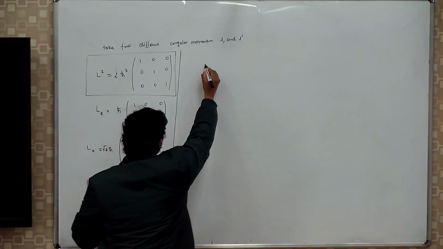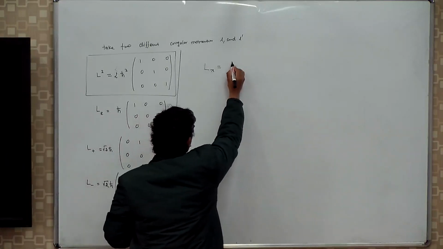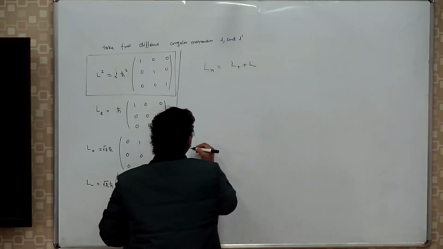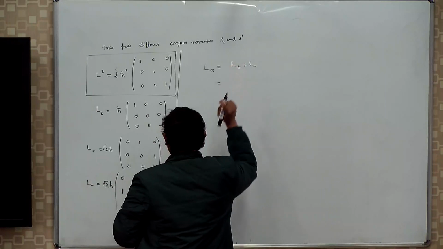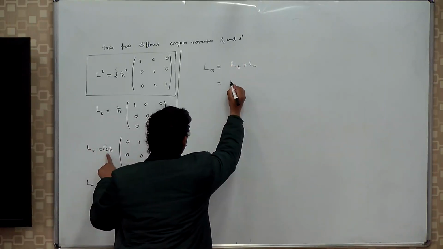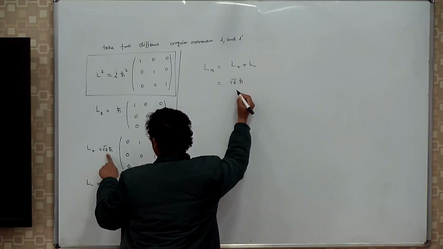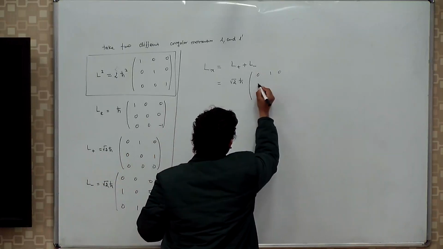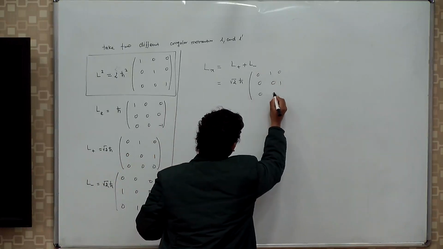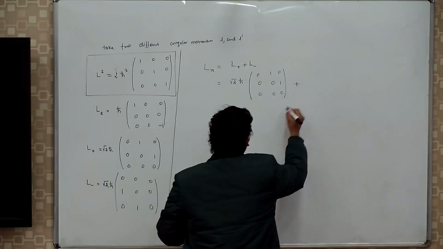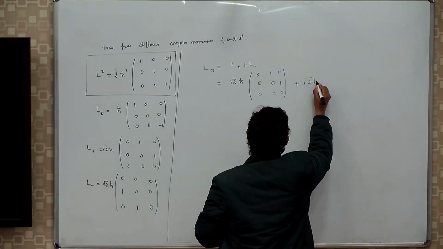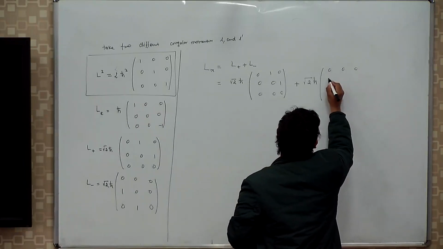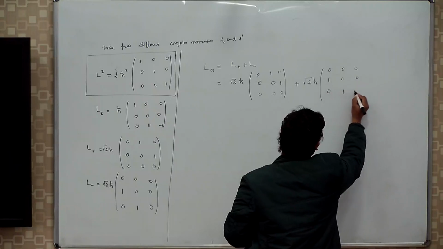Because the value of Lx is nothing but L plus plus L minus. Then we know the value of L plus is nothing but this one, square root of 2 h cross times 0, 1, 0, 0, 0, 1, 0, 0, 0, plus again square root of 2 h cross, the lowering operator will give you 0, 0, 0, 1, 0, 0, 0, 1, 0.